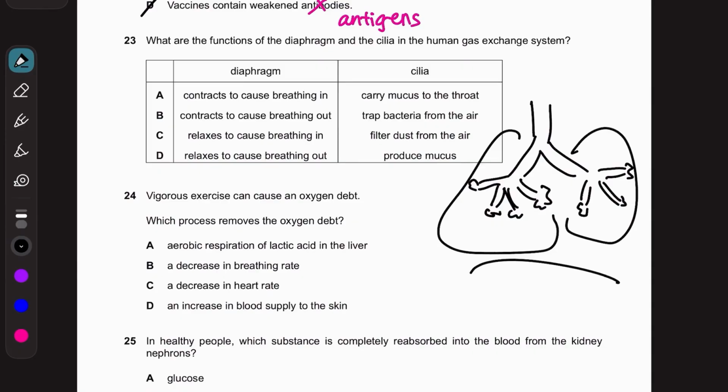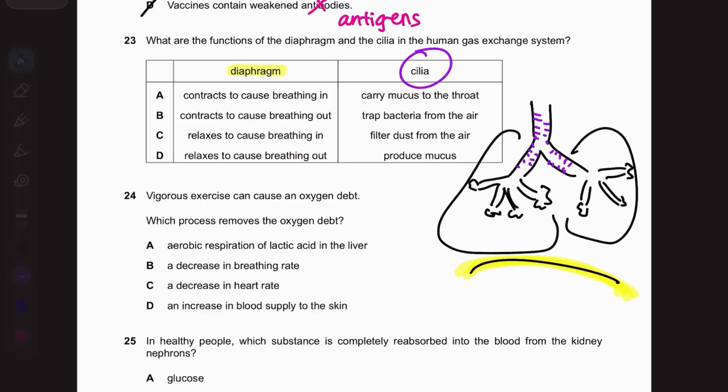So let's just color code everything here. The diaphragm is this big piece of muscle at the bottom. And then where is the cilia, guys? The cilia is lining the trachea and the bronchus. Okay, so it's all here, and it's moving. It moves. It's like a little sweeping motion.